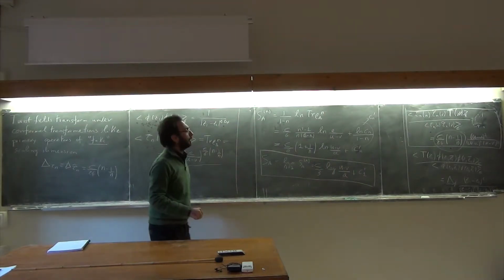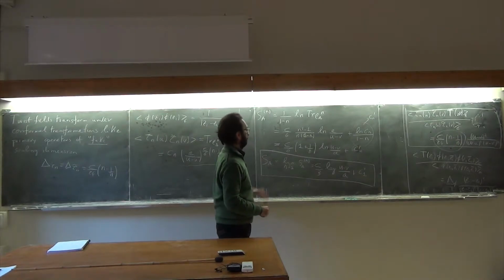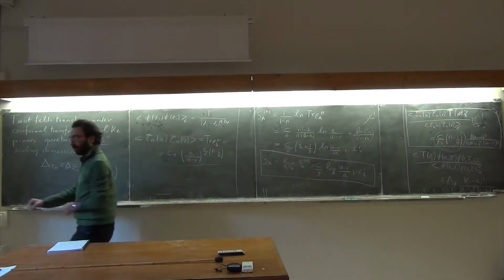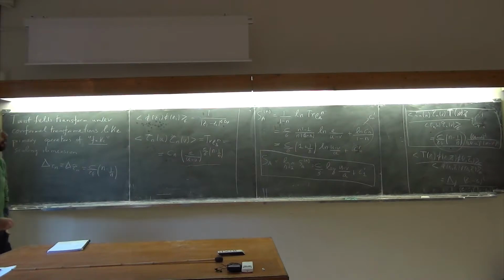This is the famous result of Holzhey, Larsen and Wilczek of '94, derived here, I think, in an easier way. If you see the original paper, it will be much more complicated.